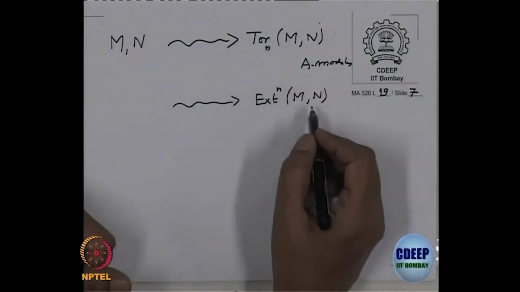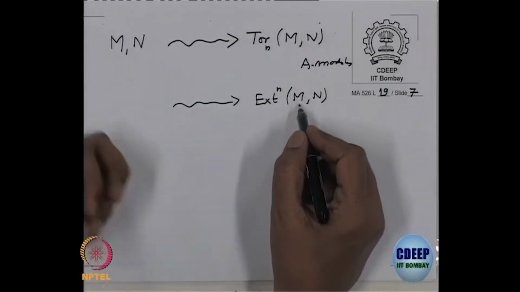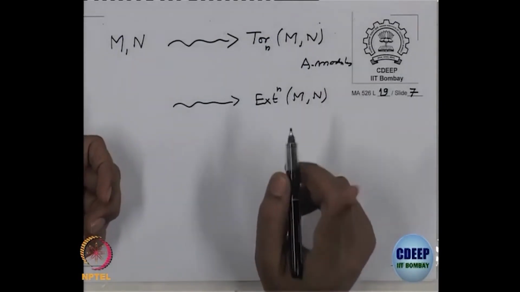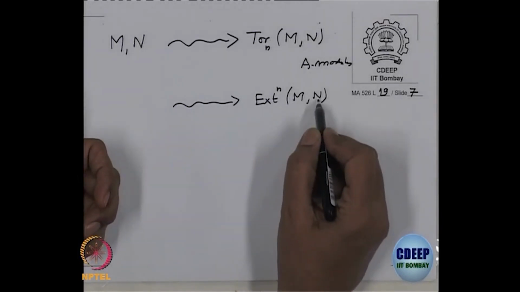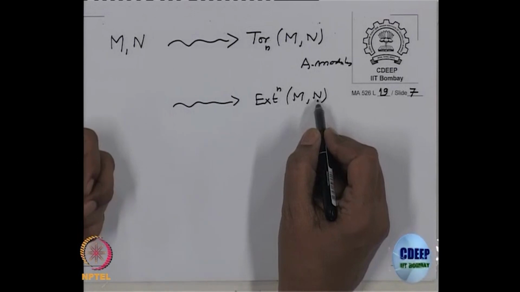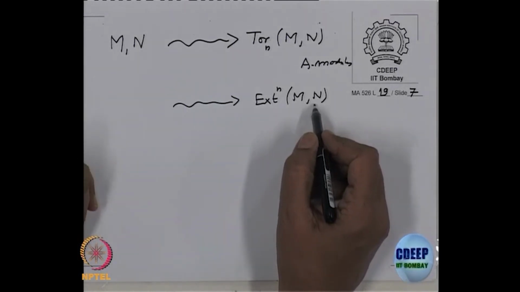But in this case we cannot do that because home M N is not home N M. So, either you resolve M projectively and then take the homologies, or there is another way which is more difficult, namely take the injective resolution of N and then apply home and do the operation.